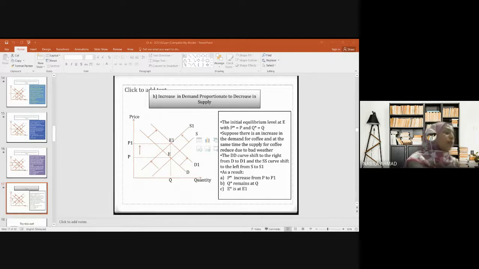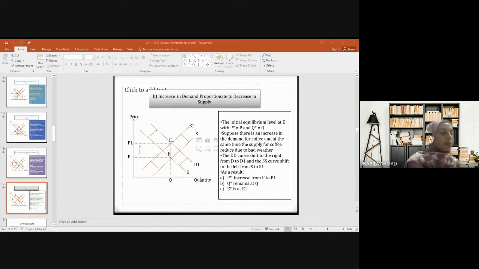We can also look at combination 3. Paragraph 2. Demand increases, supply decreases. For figure 4.6, if the increase in demand is less than the decrease in supply. So demand shifts from D0 to D2, to the right, and supply shifts to the left from S0 to S2.